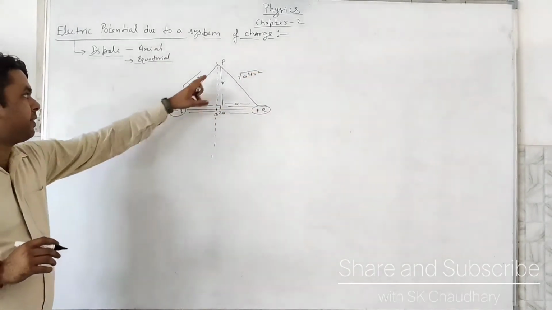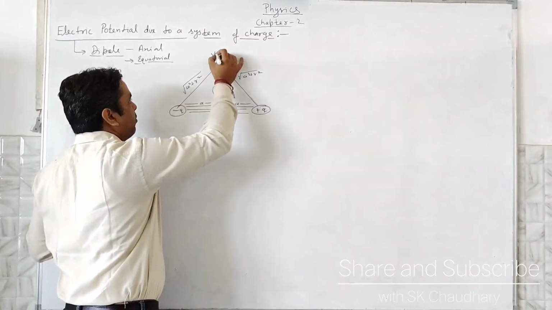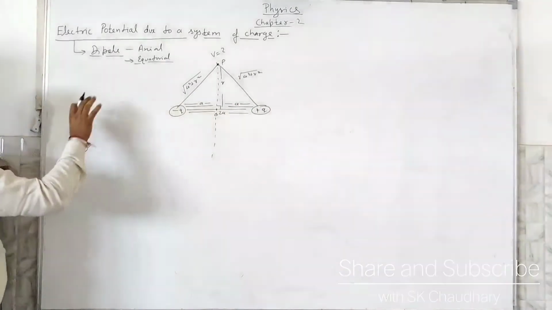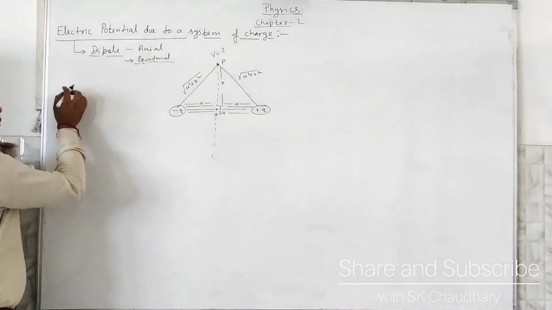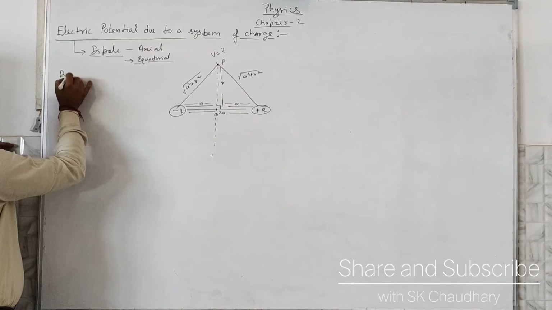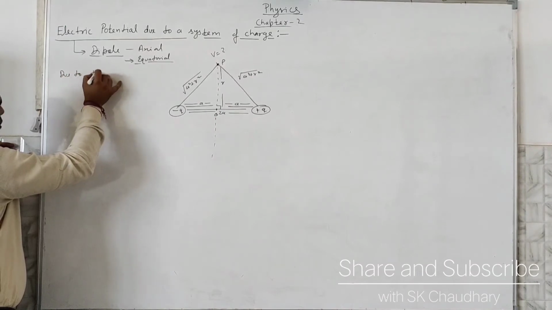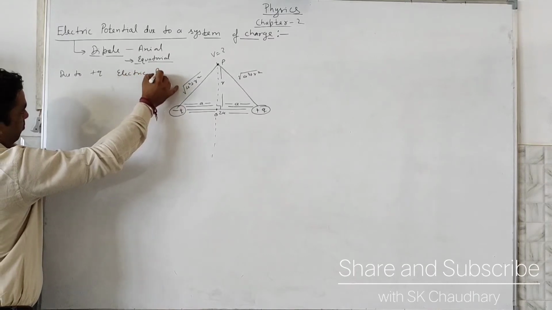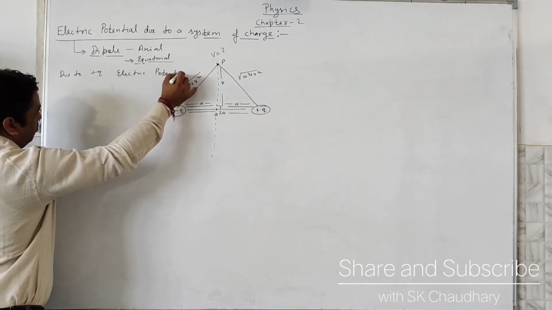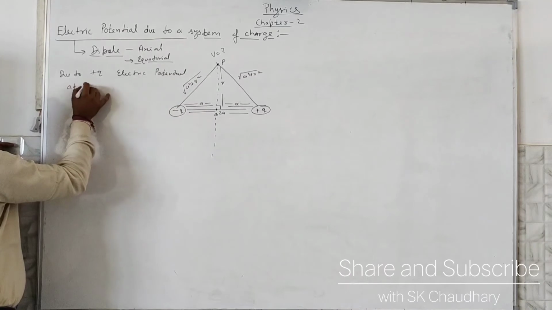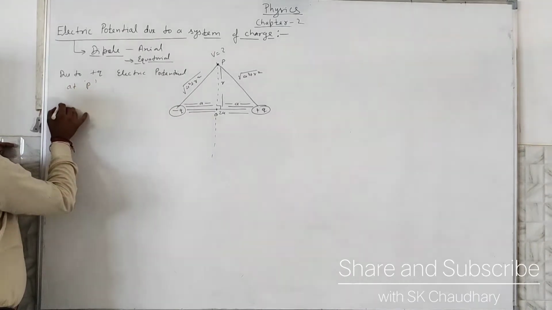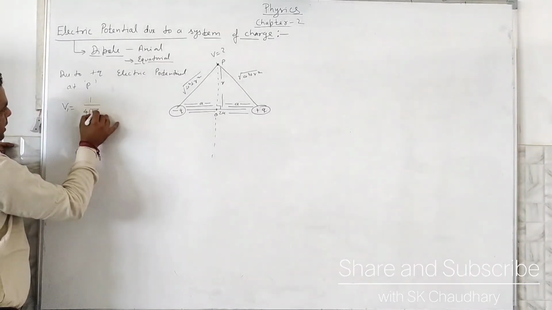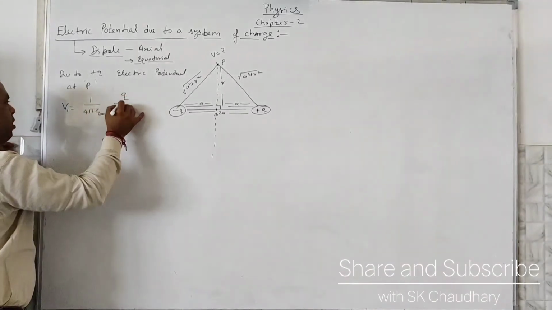So now the purpose is that we want to calculate the electric potential here. What will be the electric potential due to the dipole at the point P? So due to the positive charge, the electric potential at P will be V1, equal to 1 upon 4 pi epsilon naught, q upon the distance.